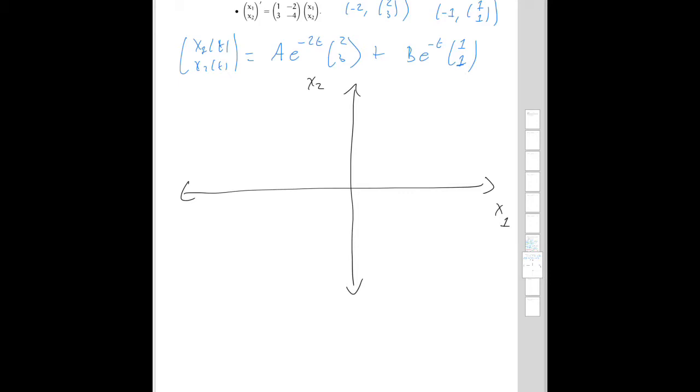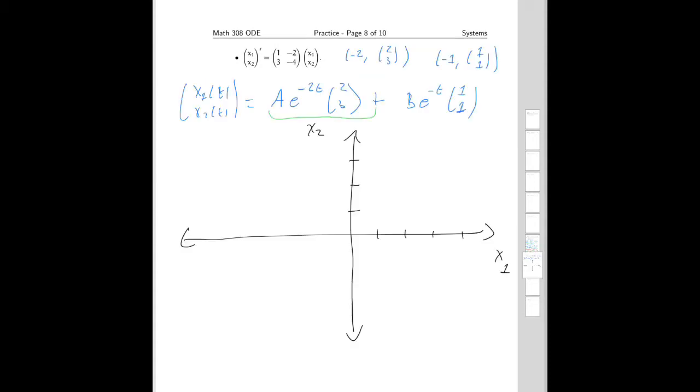So I'll plot the eigenvector solutions first. This one will be green. Let me make a few little marks here: 1, 2, 3, 4, 1, 2, 3. So (2, 3) looks like it would be like this.